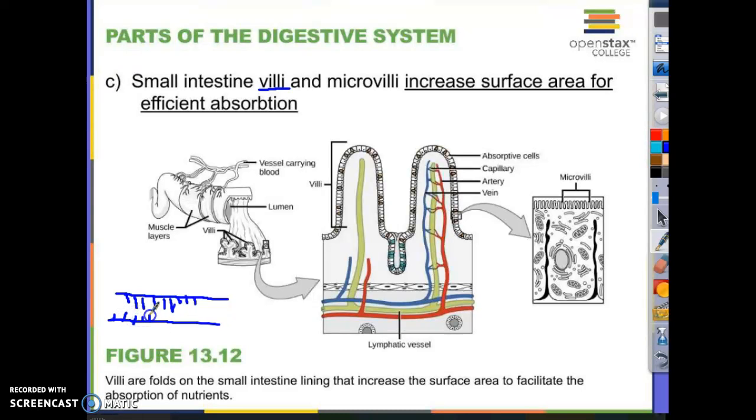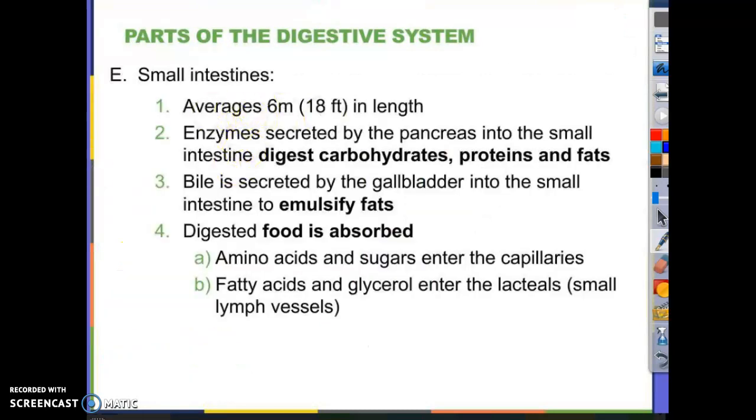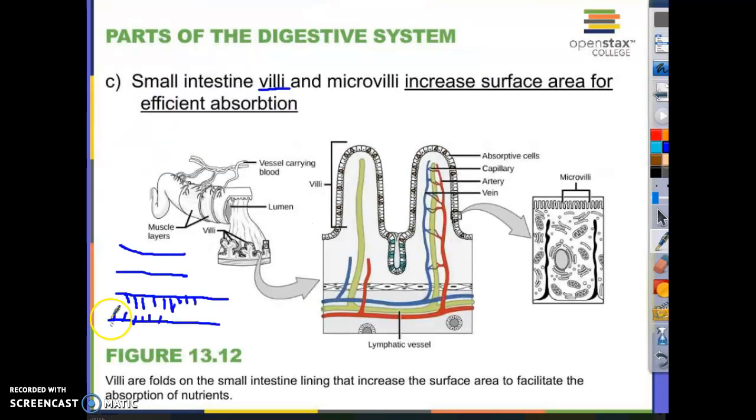Think of if you had a string and you were going along the inside of your intestines, how long it would be. We mentioned early, about 18 feet. But if you had to take that same string and go around each one of these little finger-like appendages, it would be far, far longer than the 18 feet.